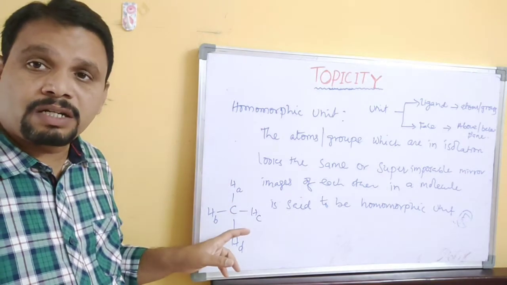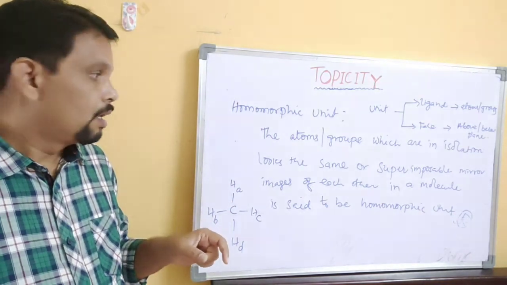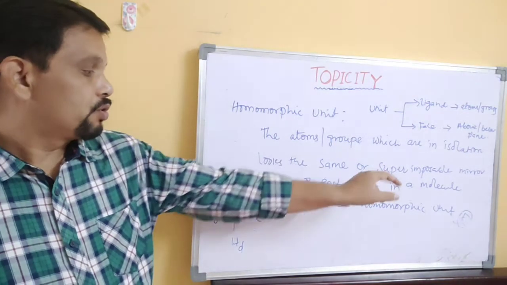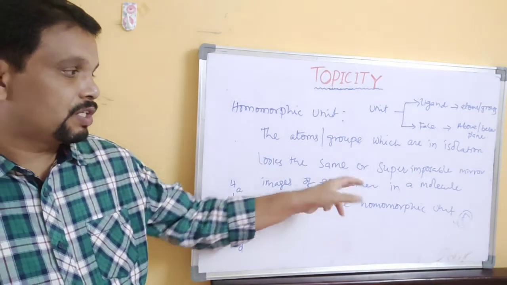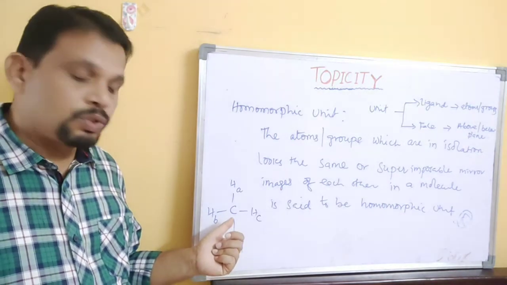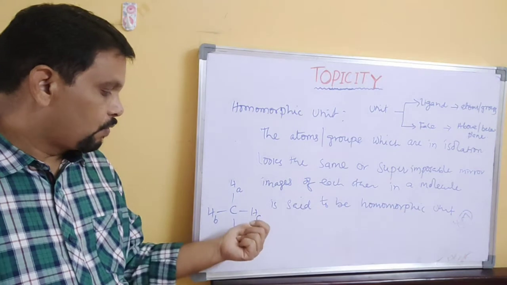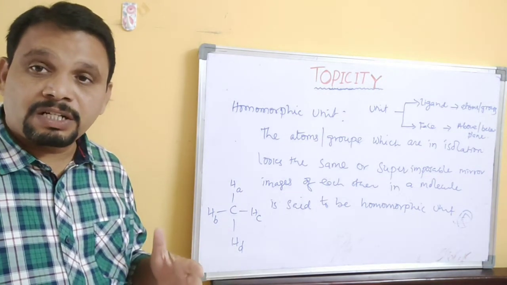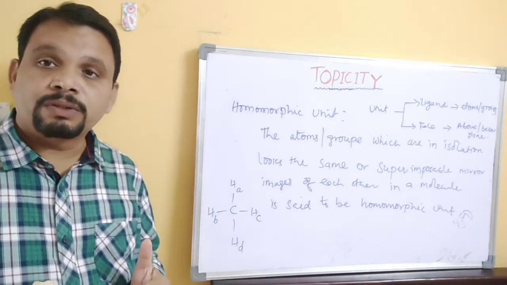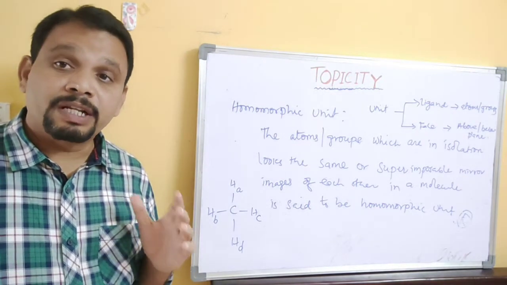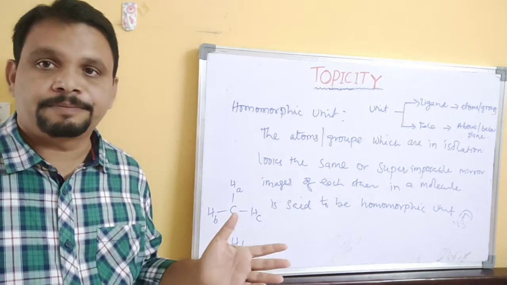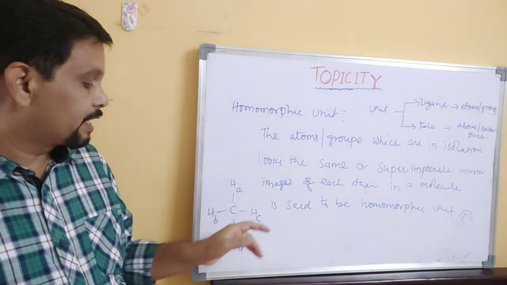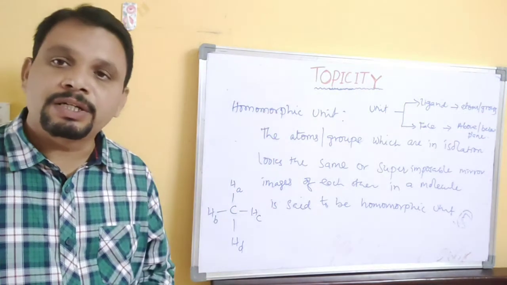All hydrogen atoms are the same, and superimposable mirror images of each other in a molecule. So in the methane molecule, the 4 hydrogen atoms are the same in isolation, and also superimposable mirror images of each other. So they can be considered as homomorphic units.